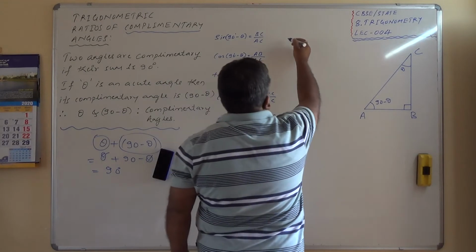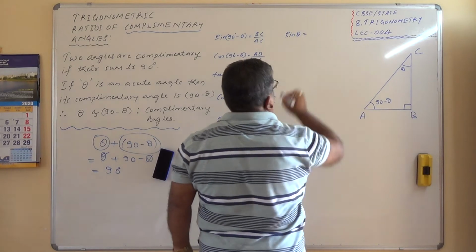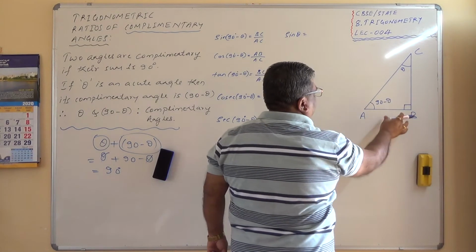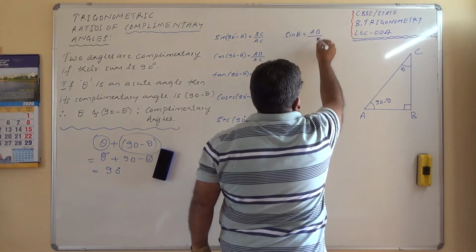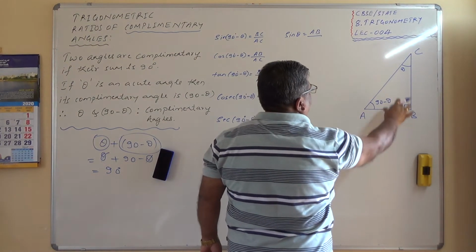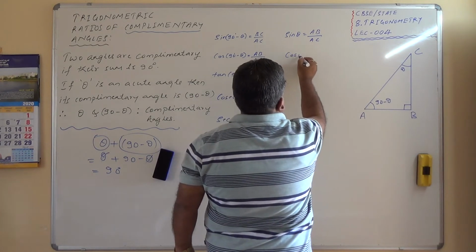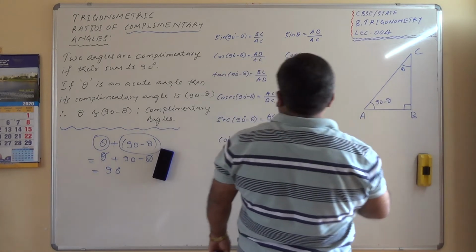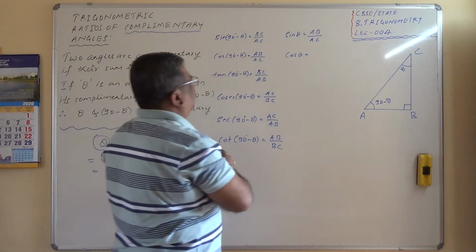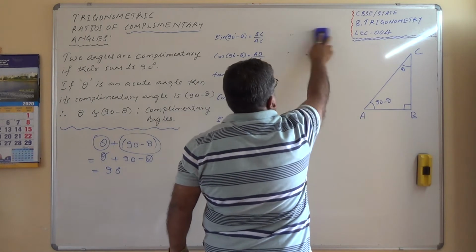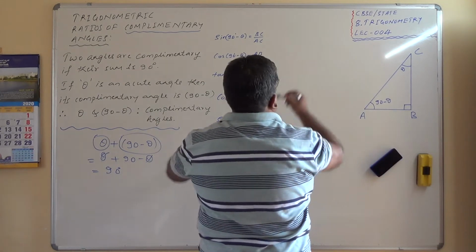So let me write over here, sine theta equals opposite by hypotenuse, AB by AC. Next, cos theta equals, I have to do a match the following. I'll try to write a little bit to that side because I need to have a match the following case in these ratios.